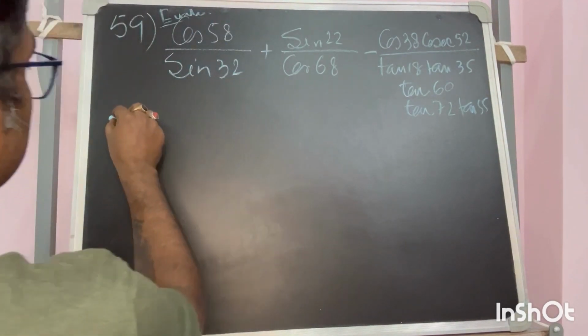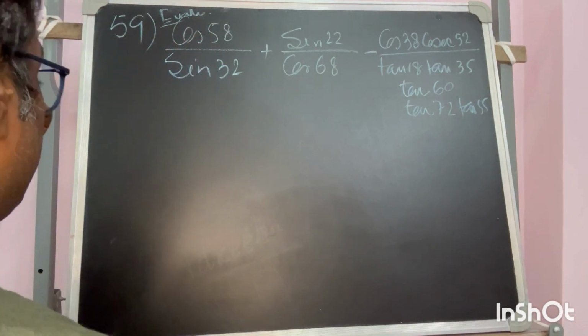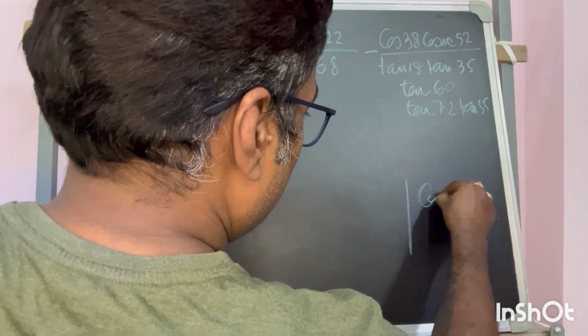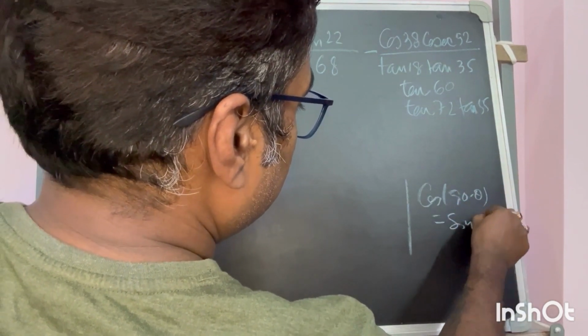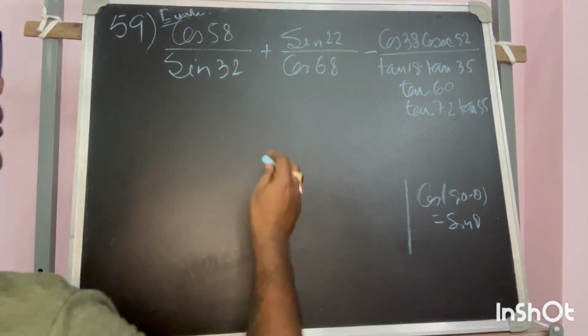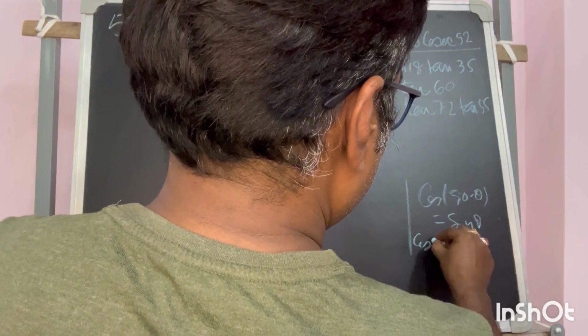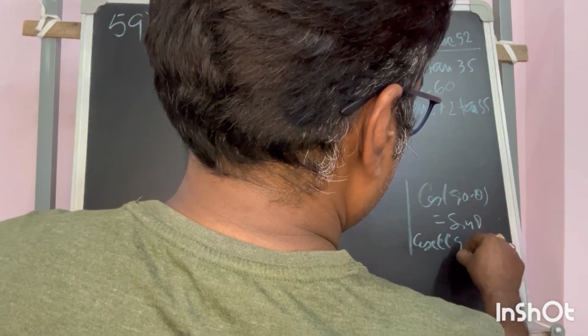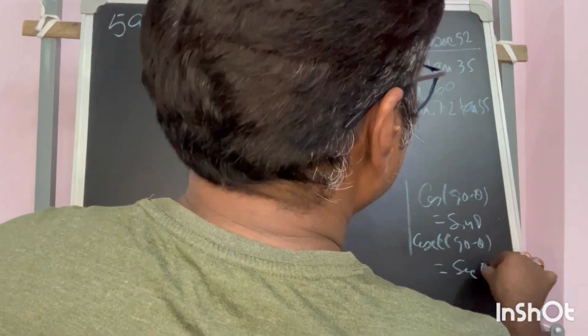So let's start the solution. Sine and cosec are related in the form of cos of 90 minus theta, which is equal to sine theta, and cosec of 90 minus theta is equal to sec theta.